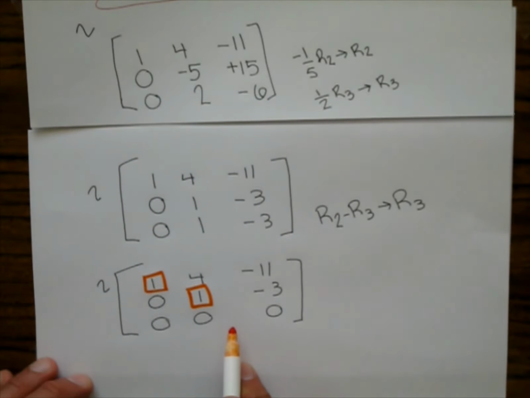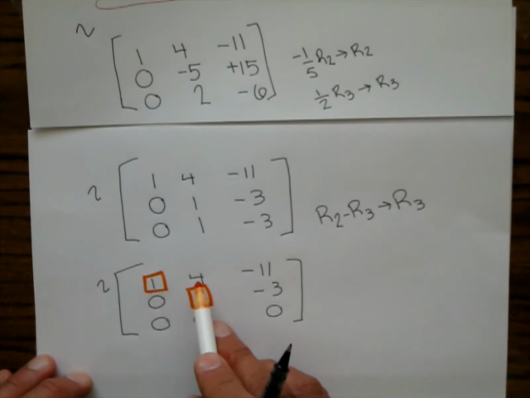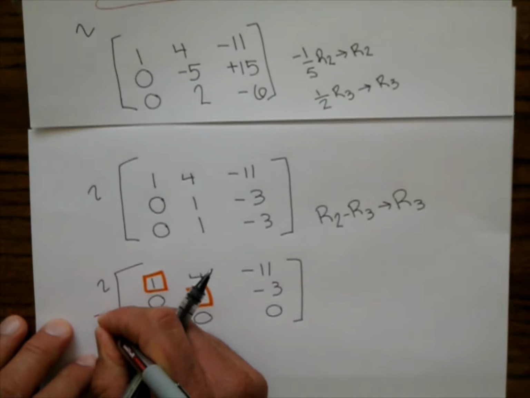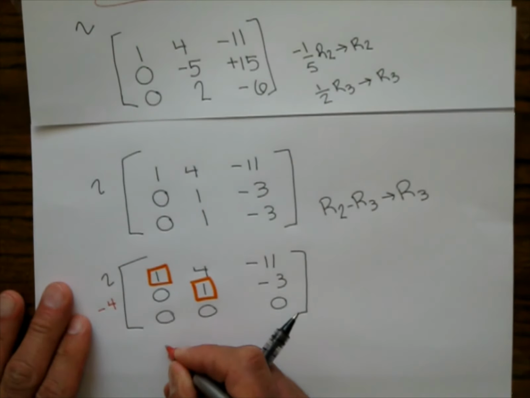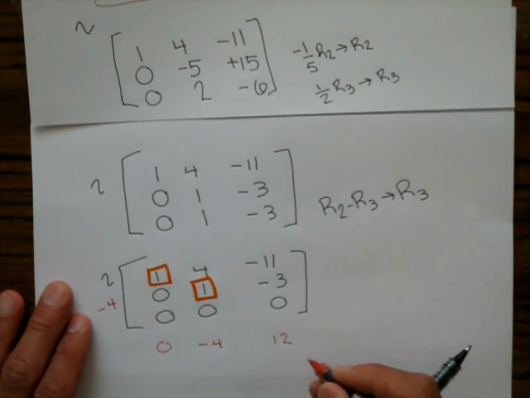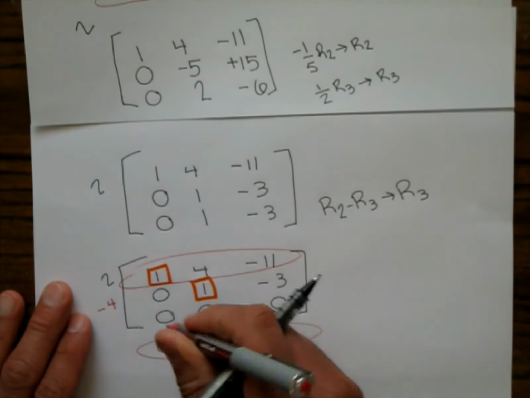The instructions were to reduce it to reduced row echelon form, so I'm going to use this pivot right here in the middle to create a 0 above it by multiplying row 2 by a negative 4. So this is 0, negative 4, positive 12. I'm going to add that to row 1.